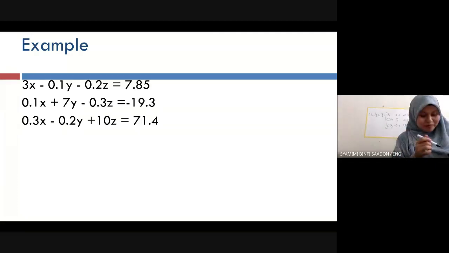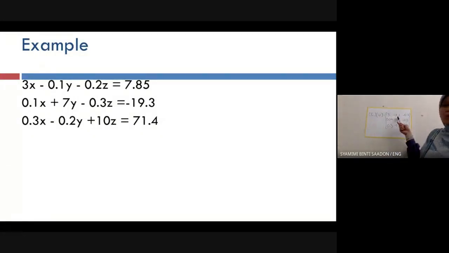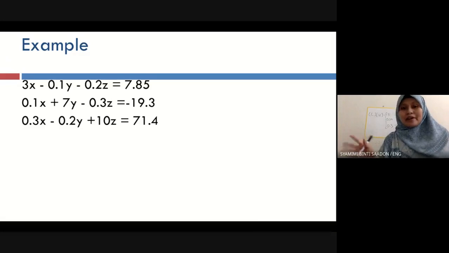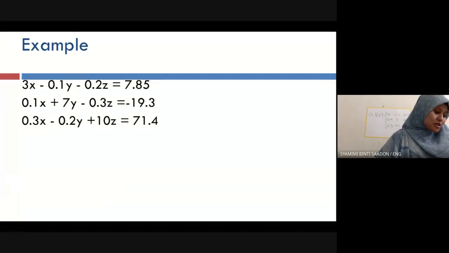Something like that. You see 3, minus 0.1, minus 0.2 is still the same. So 0.1 now you get 0.099999, 7, minus 0.3, 0.3, minus 0.2, and 9.9999. So your decomposition of A is verified. Your LU is correct.